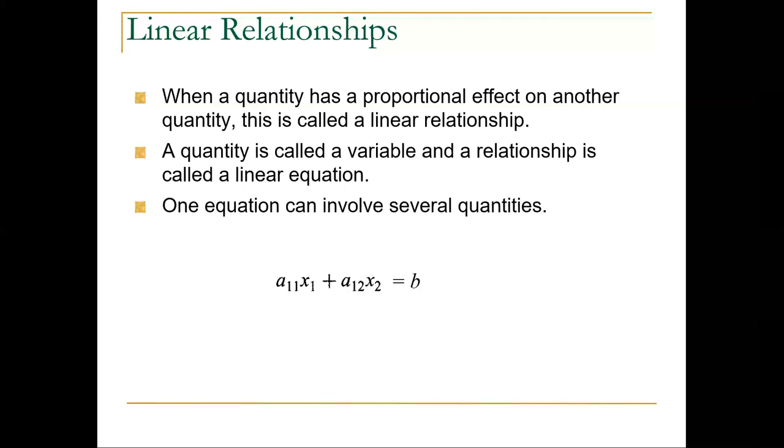Now, an equation like this, how many quantities are in this equation, as described here? How many things vary? How many things are we looking at how they relate to each other? Two. The two things are called here x1 and x2. As I said, sometimes it takes a little time to take the journey from math into engineering.